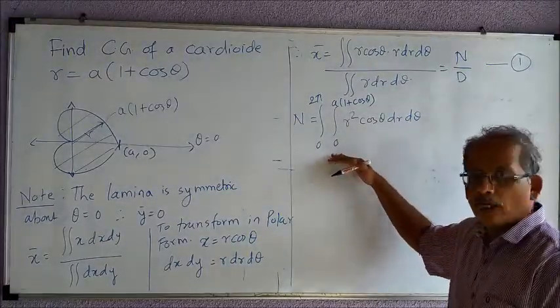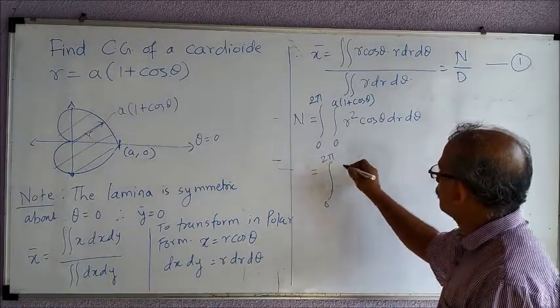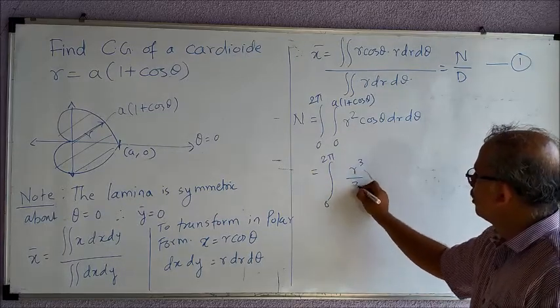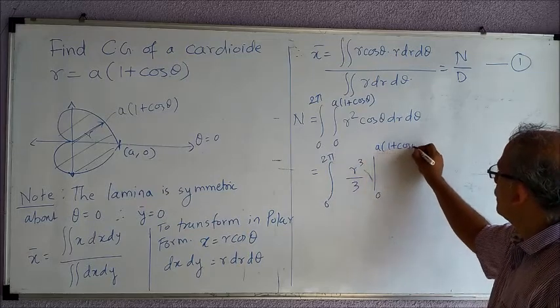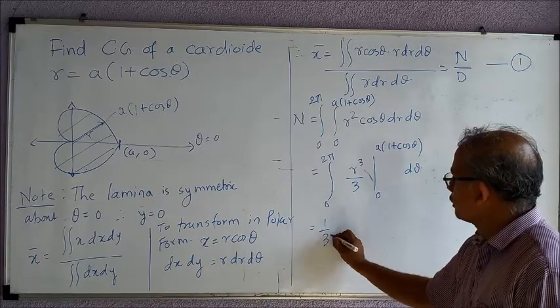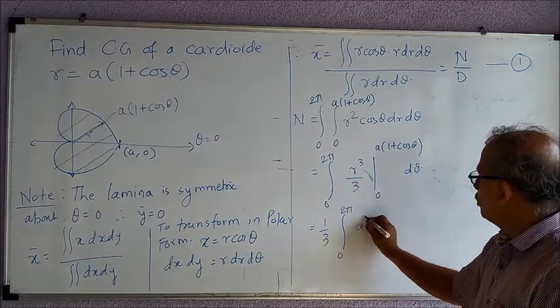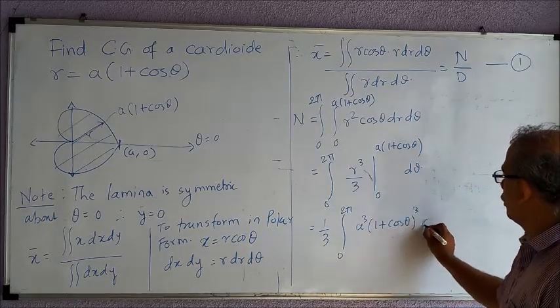Let's obtain this. This is integral 0 to 2 pi. Now r square dr will become r cube by 3 from 0 to a into 1 plus cos theta, d theta. I'll take this 1 by 3 outside, 0 to 2 pi, and this will be a cube into 1 plus cos theta bracket cube d theta.